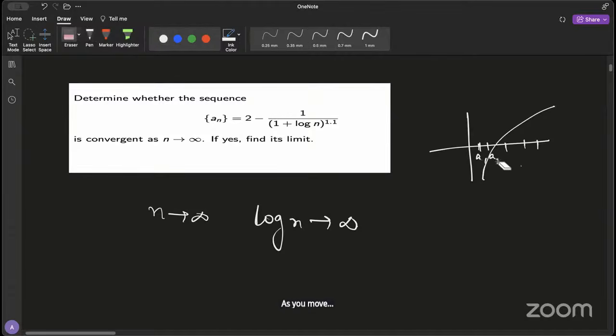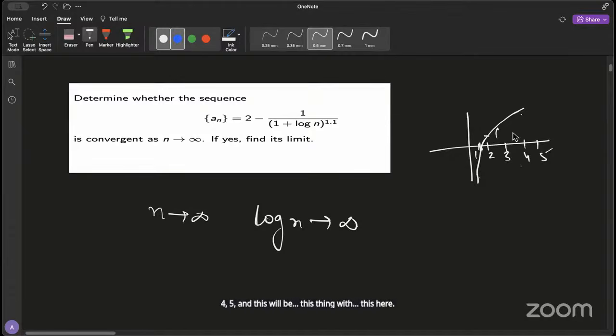Sorry, this is 1, 2, 3, 4, 5, and here will be 2 comma log 2.